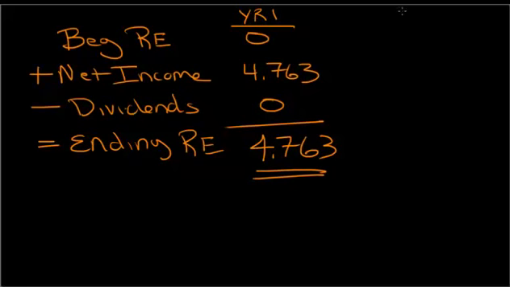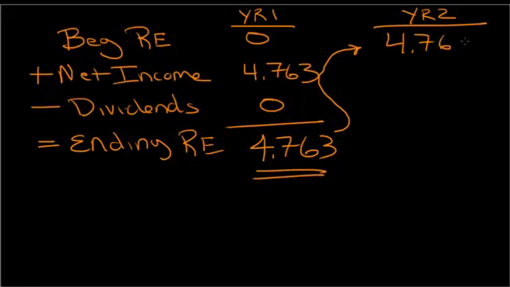When we go to year 2, when we start off next year, our beginning retained earnings is our ending retained earnings from the prior year. So our beginning retained earnings next year will be 4,763. And at the end of the year, we'll go through the same process to derive what our ending retained earnings are.